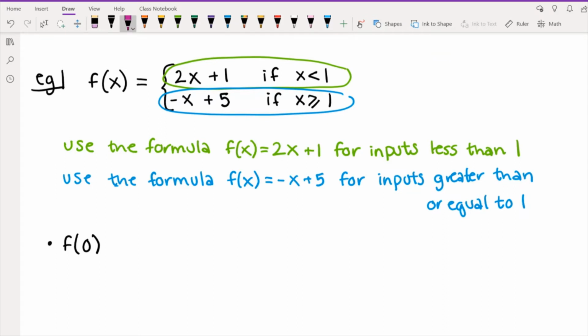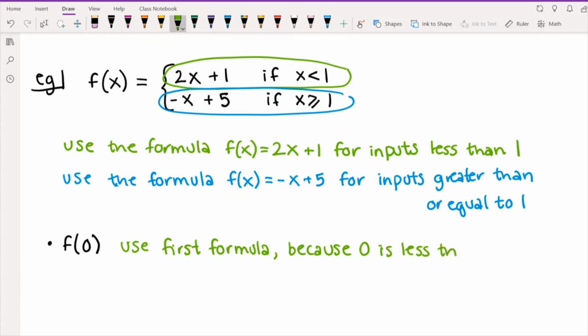Because our input is 0, and 0 is less than 1, that tells us that we need to use the top formula. We're going to use the first formula because our input 0 is less than 1, right? It falls into that first category.